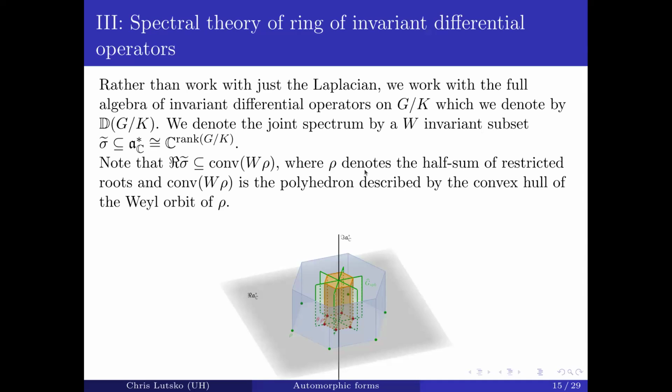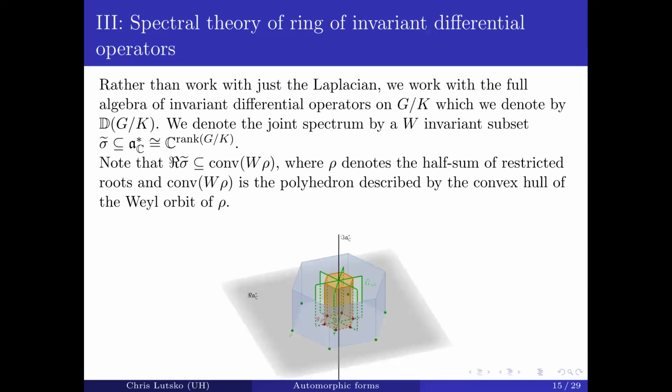So this just measures how quickly volume is changing in different directions. It's a functional on A, on the diagonal flow, and it measures how fast volume is changing.